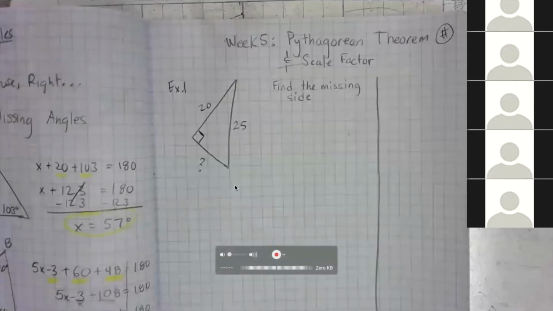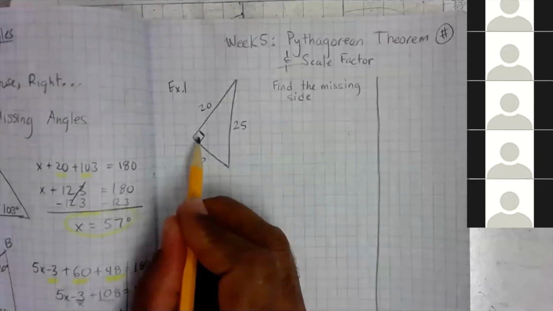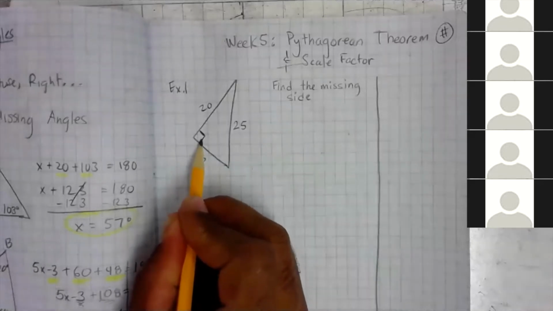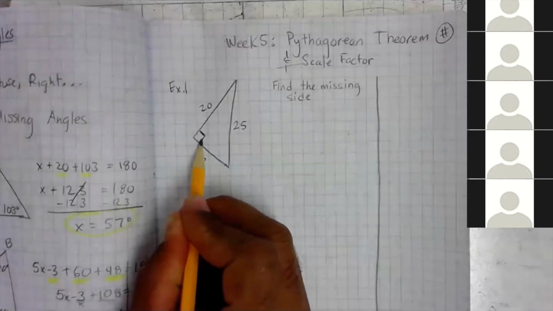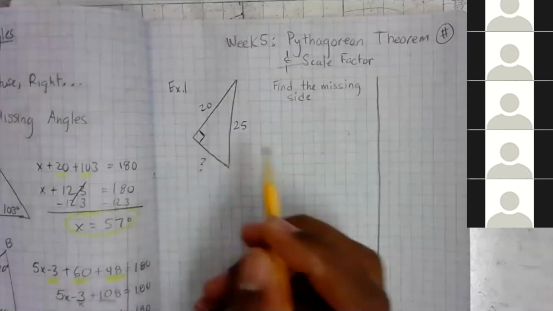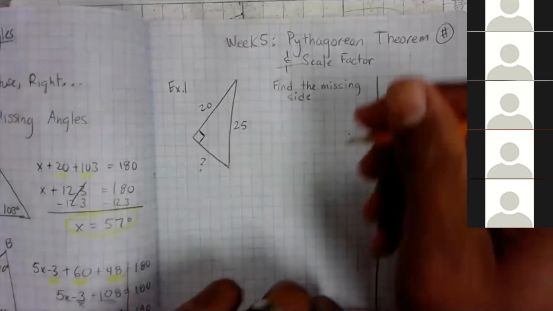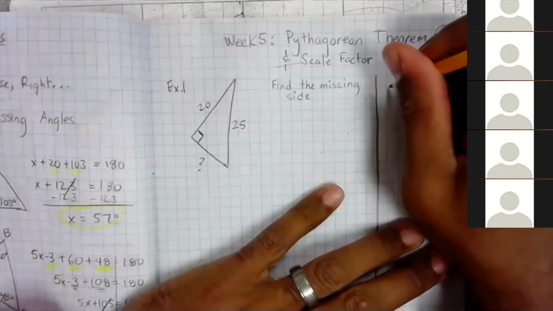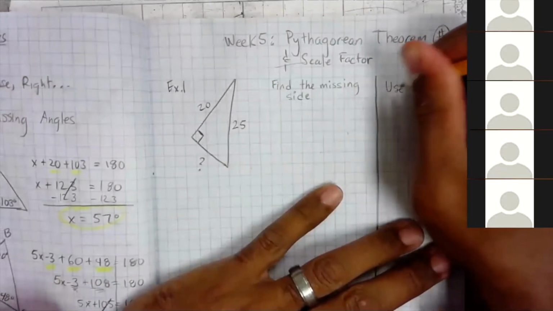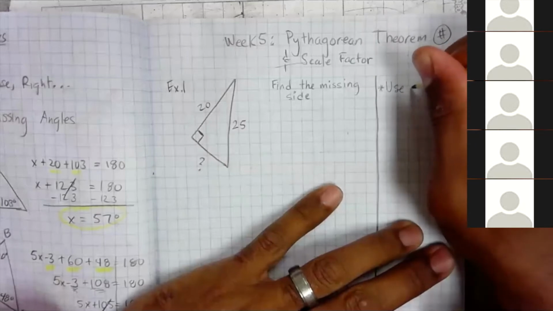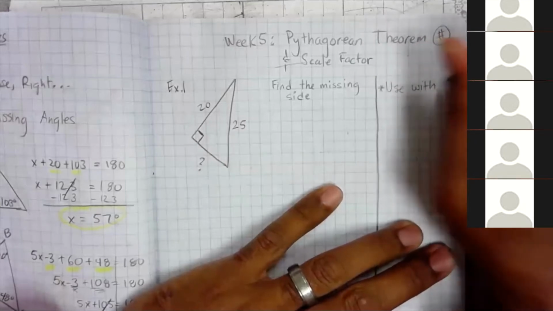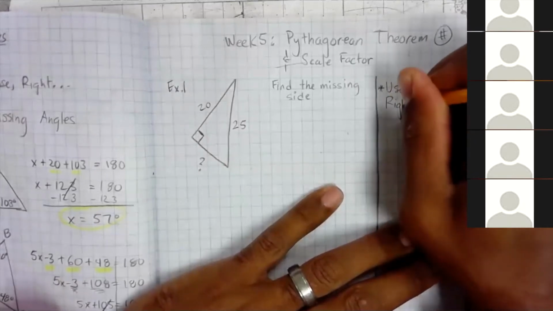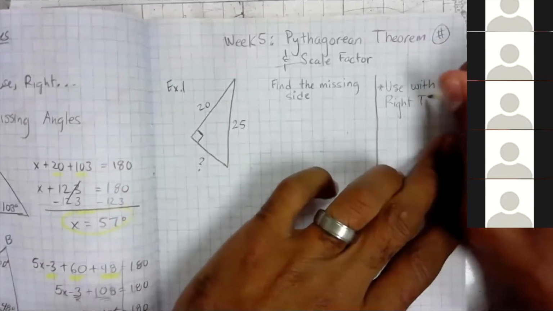All right, so for this one in particular, we have a triangle and we have a missing side. Now, what's important to note is that this triangle is what type of triangle is that when it has that kind of angle? A right triangle, right? So we will only use this with right triangles.